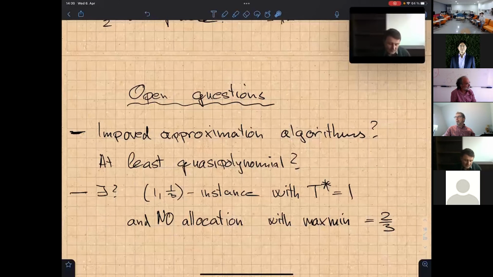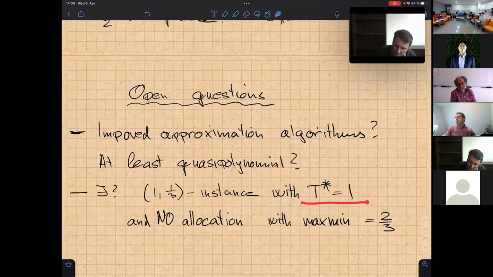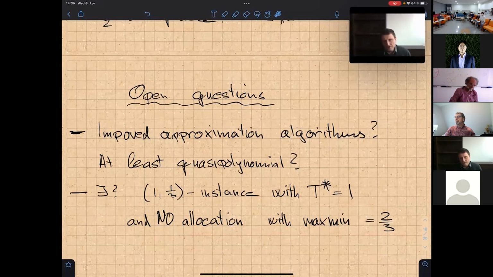And in particular, from our second theorem, we would be really interested in finding a 1/1/3 instance, if it exists, which has a T star of 1, but has no allocation with max-min 2/3. That would mean that we improve the impossibility of the integrality gap up to 3 and not just 2.